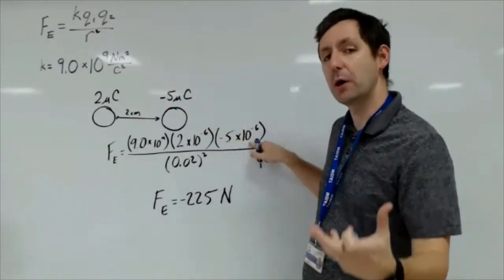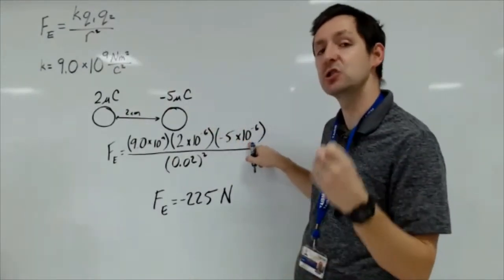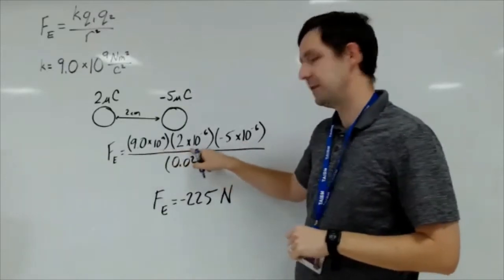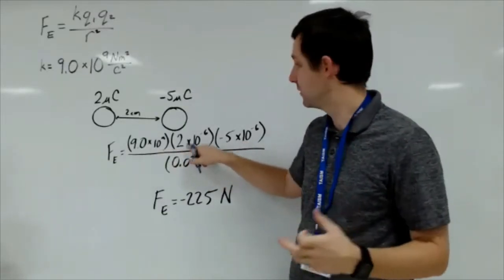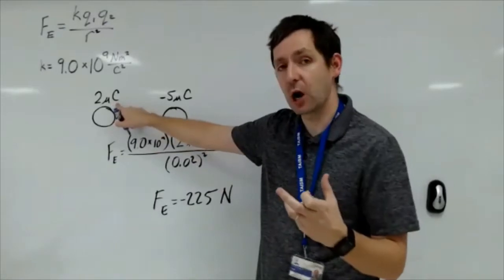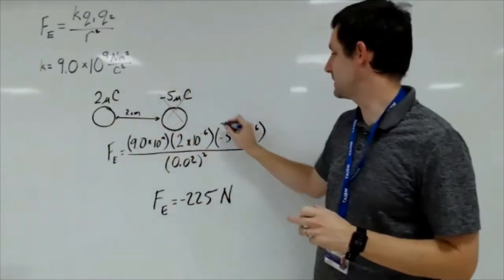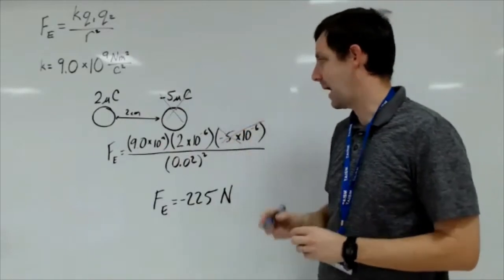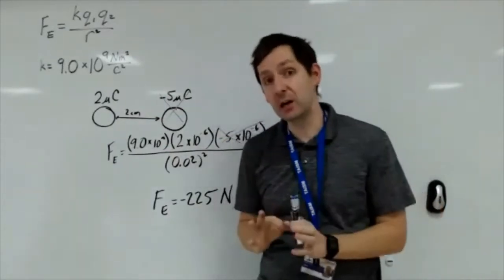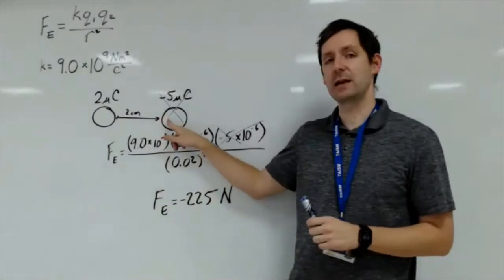If I want to know the field strength for this electrical charge, the 2 microcoulomb charge, it just means I want to take this one out. I'm going to take out this guy right here, and that would give me the strength of the field at this position of 2 centimeters.